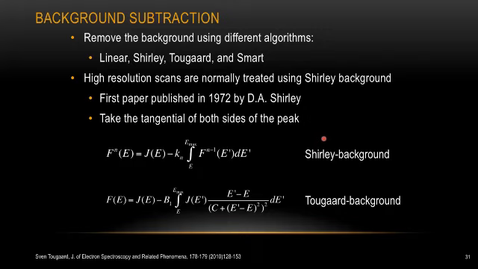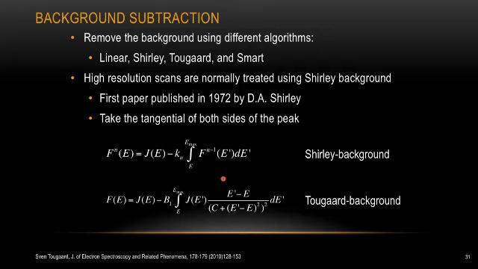But we also have background subtractions called the Shirley background and the Tougaard background. Today, I won't go into detail describing these two. If you're interested, you can read a 1972 paper from Shirley and a 1996 paper from Tougaard, and they can give you a clear idea of how these background subtractions were derived. But just for your information, the Tougaard background subtraction relies on a physical model, so you take into account the cross-section for energy loss.